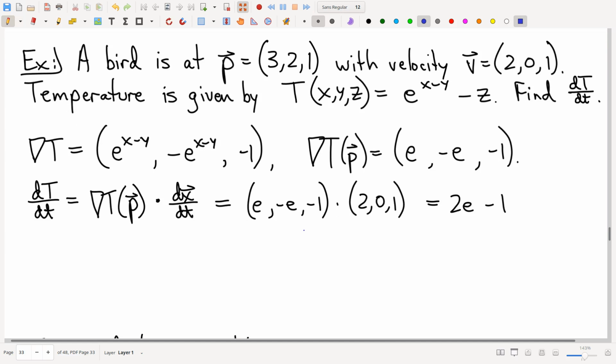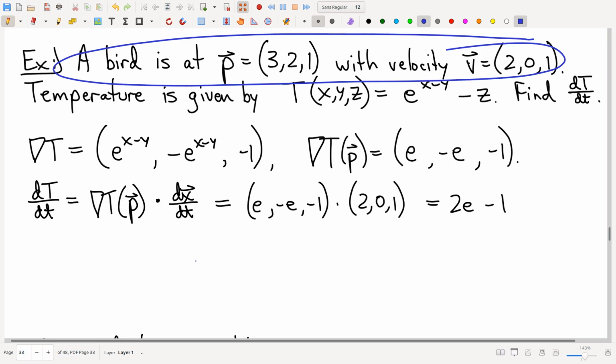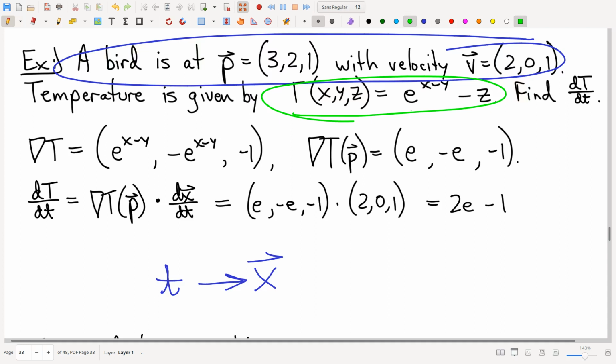Notice we have exactly that scenario. We have a bird that's moving. The bird moving means that I have position as a function of time. And then there's also this temperature function, and the temperature function gives me temperature as a function of location. Sure enough, one initial input variable, time, one eventual output variable, temperature.